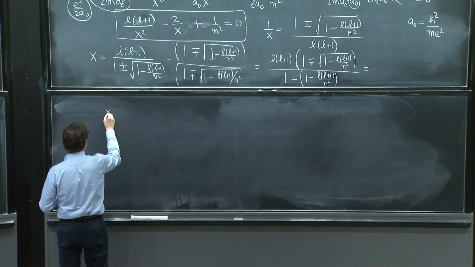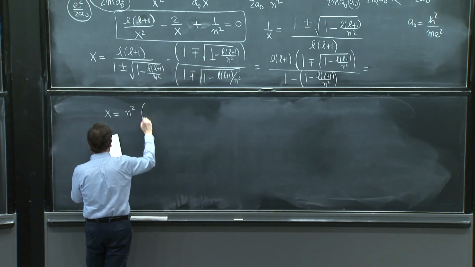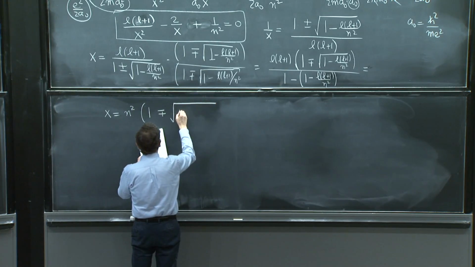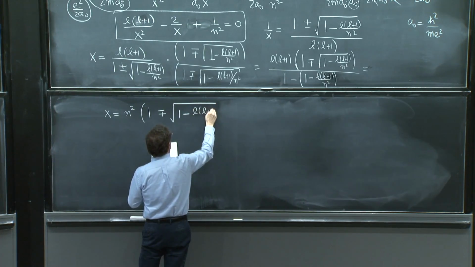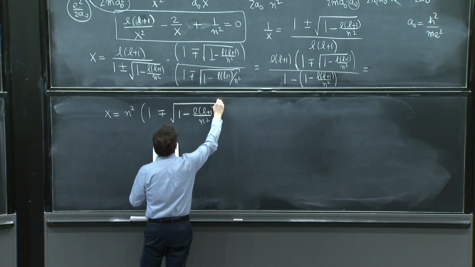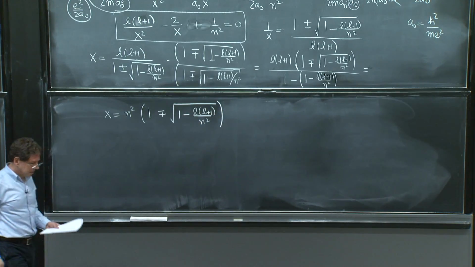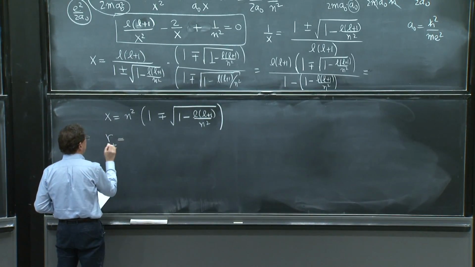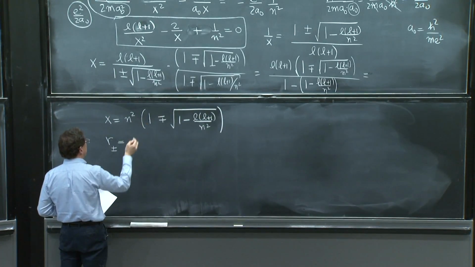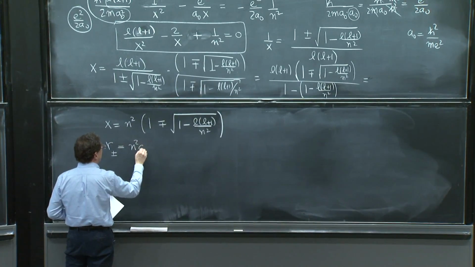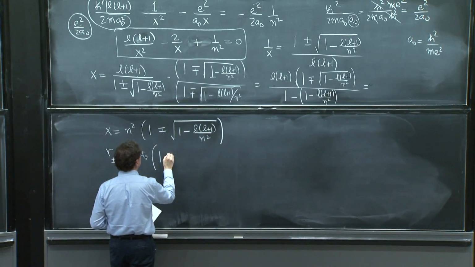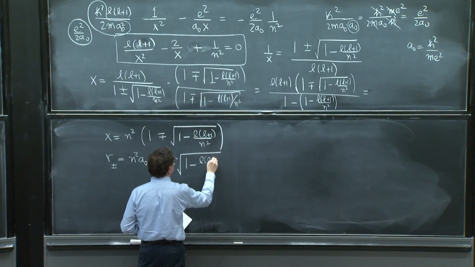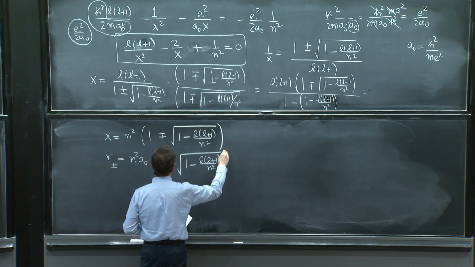The formula is x equals n squared, 1 minus plus square root of 1 minus L(L+1) over n squared. So if we wish, r plus minus is x multiplied by a0, so it's n squared a0, 1 minus plus square root of 1 minus L(L+1) over n squared.